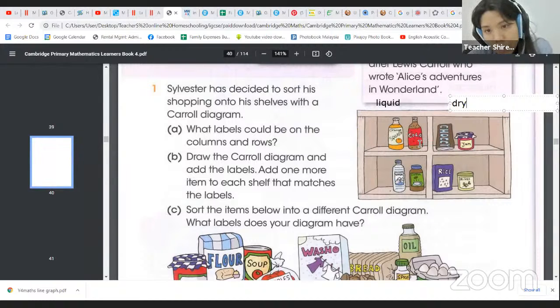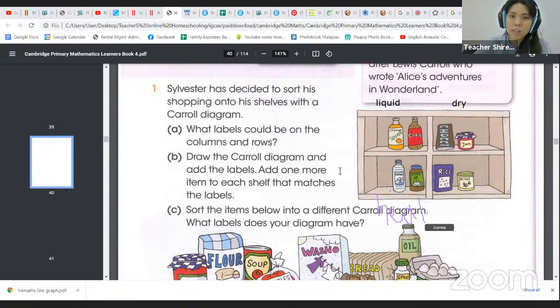I can see all this is unhealthy, and this is healthy, healthy, healthy, but coffee is not healthy. What else? Okay, probably we can name it as daily food, because water, coffee, and rice are daily food.